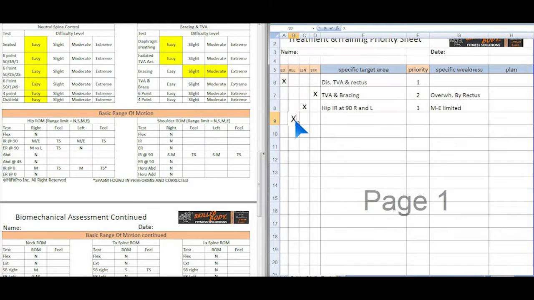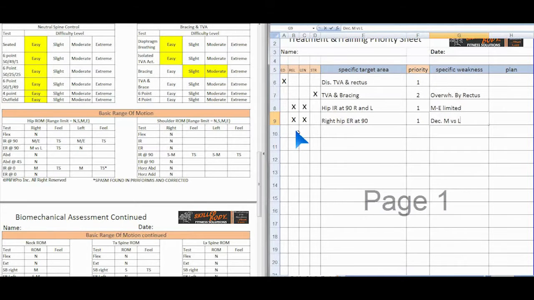So we will release and lengthen right hip external rotation at 90. That's priority 1 because it's an imbalance. And then I'm going to put decreased, moderate versus left.